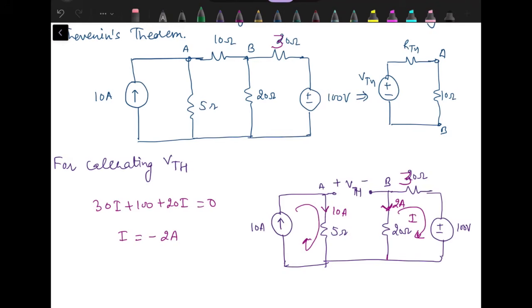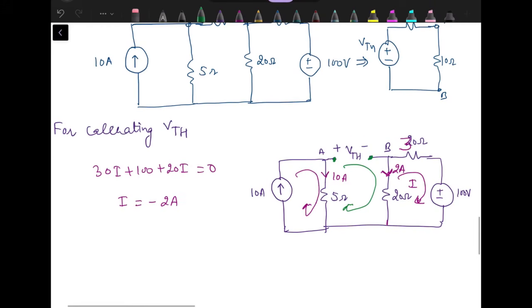Now let's apply KVL in this open loop. We can apply KVL to the open loop since we have assumed that the voltage across this open circuit is VTH. We had already assumed the polarity of this VTH as well. We have considered terminal A as positive, B as negative. So I will start with VTH only. So plus VTH.